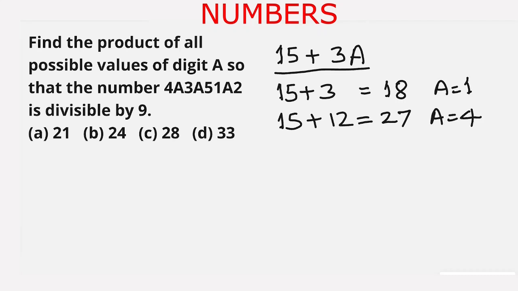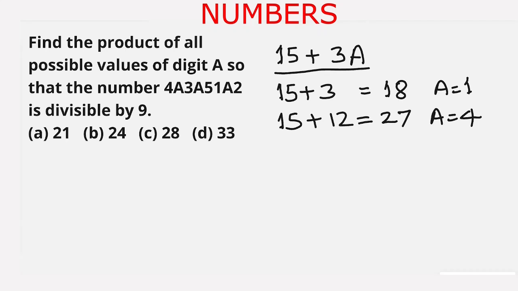Now if we put A equal to 5, then 3 times 5 is 15, and 15 plus 15 is 30, which is not divisible by 9. And if we put A equal to 6, then 3 times 6 is 18, and 18 plus 15 is 33, which is not divisible by 9.